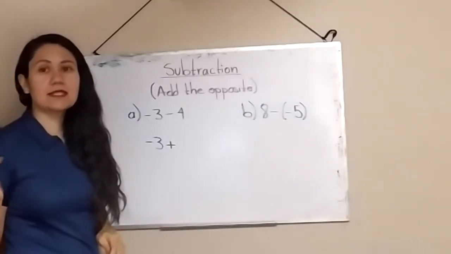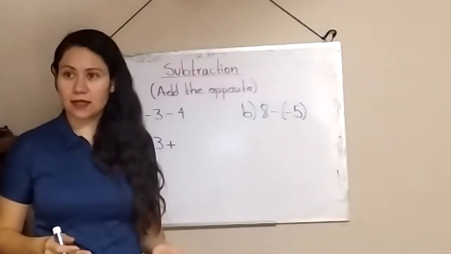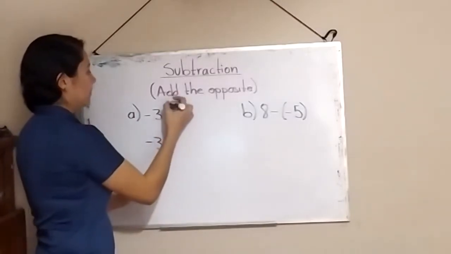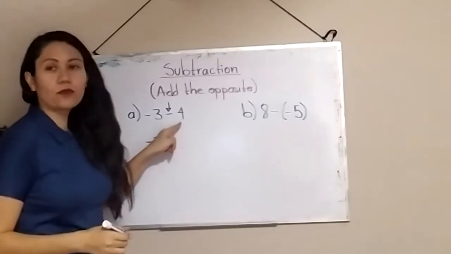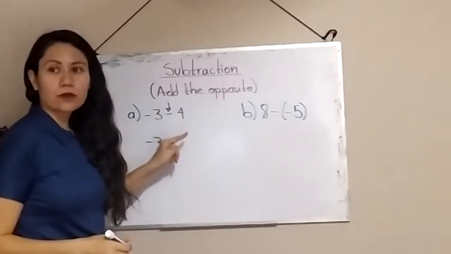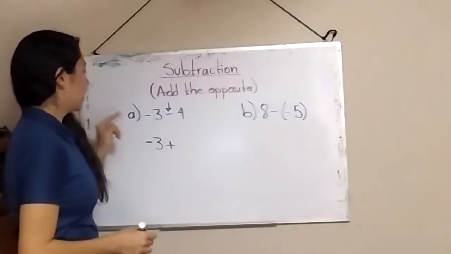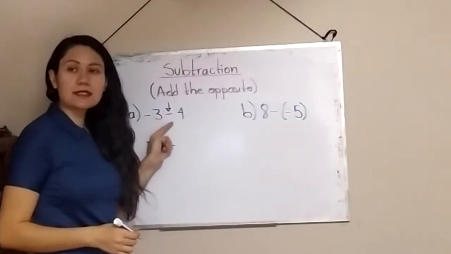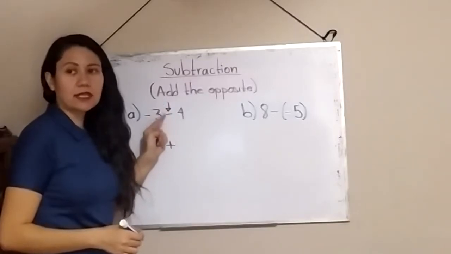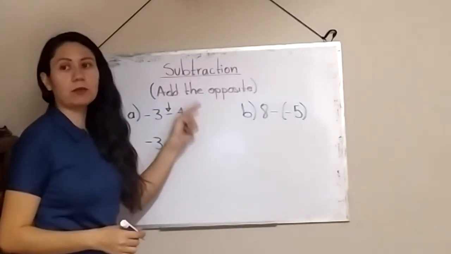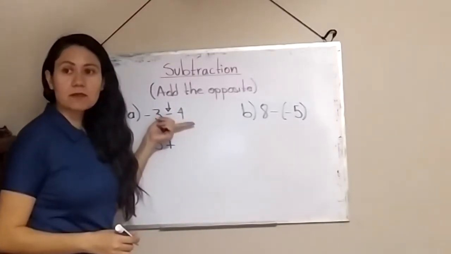Now, remember, it's not the same, a subtraction than a negative sign, okay? So this sign is for the subtraction. It is not for the 4. So the 4 is actually positive. Since this negative sign is for the operation, not representing a negative number but a subtraction, that means that the 4 is positive.